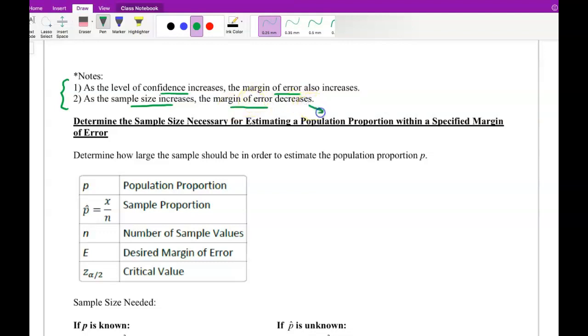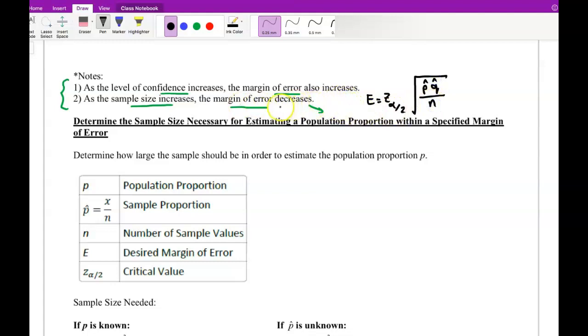So why do we have that? I'm writing what we have for error here again. Error was equal to critical value times the square root of p hat q hat divided by n.